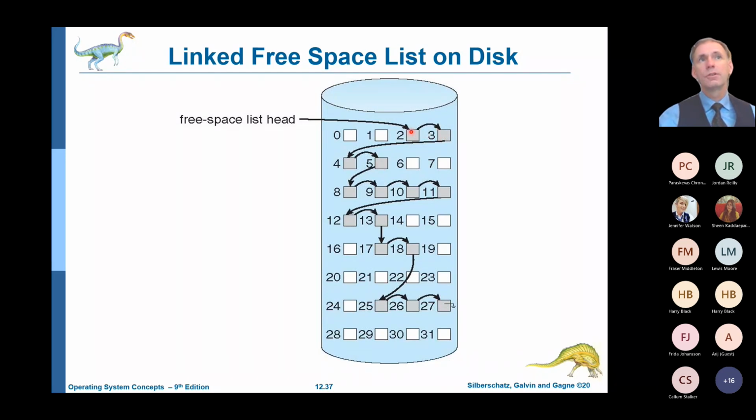Maybe instead of just storing the next one, what we could say is, well, I'm at block 2 and I have 4 free blocks. So we can group them and say, yeah, I've got 4 blocks here, all contiguous on disk. And the next one is at 8.